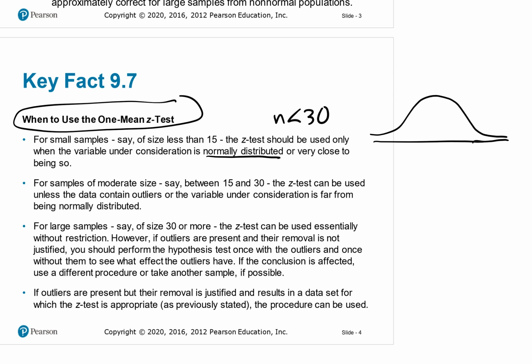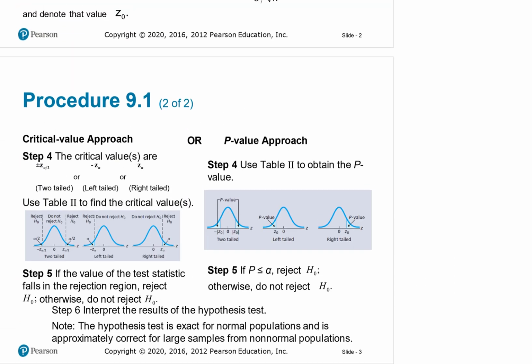These are the important things, especially the first two cases. You can read through the last two cases again and see when we are allowed to use the one mean z-test.